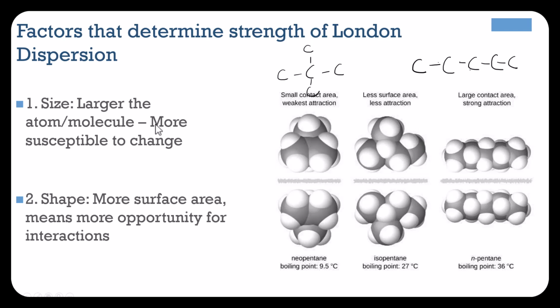So how do we determine, when I look at 2 molecules, whether that is a bigger molecule with more surface area or a smaller molecule with less surface area? What's the easiest way to determine this? For size, remember we can look at molar mass.